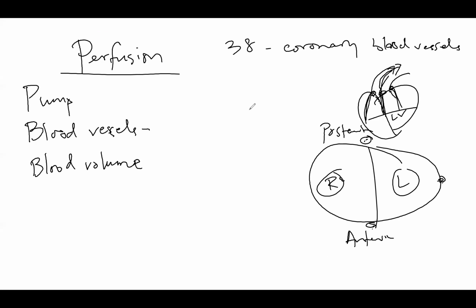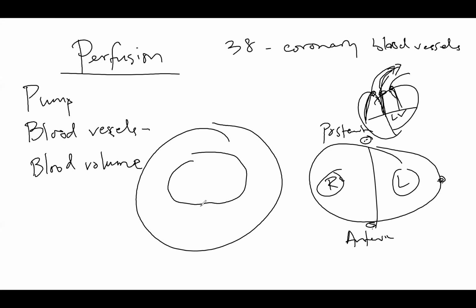If you have, let's say this is a myocardial cell, or rather let's say this is the ventricle, the left ventricle. Since the coronary arteries always are located on the outside, the first tissues that it will supply are coming from the outer and then going to the inner.